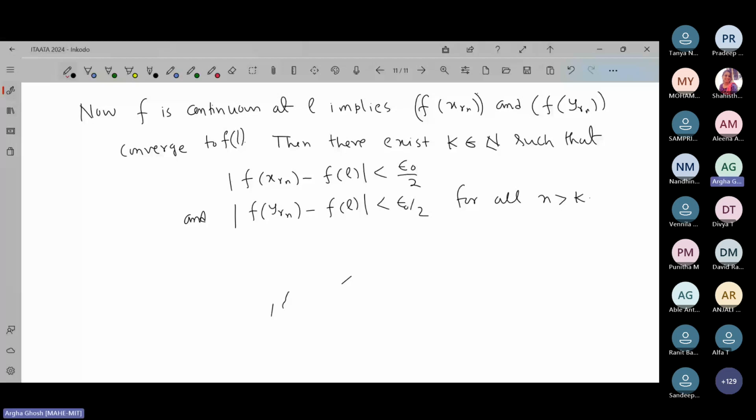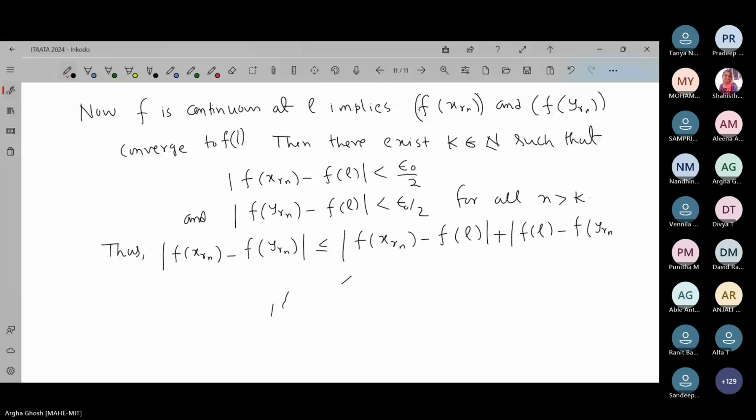Then, using triangle inequality, we have f of XRN minus f of YRN is less than or equal to f of XRN minus f of L plus f of L minus f of YRN, which is less than epsilon naught by 2 plus epsilon naught by 2, which equals epsilon naught for all n greater than K. And this is a contradiction.